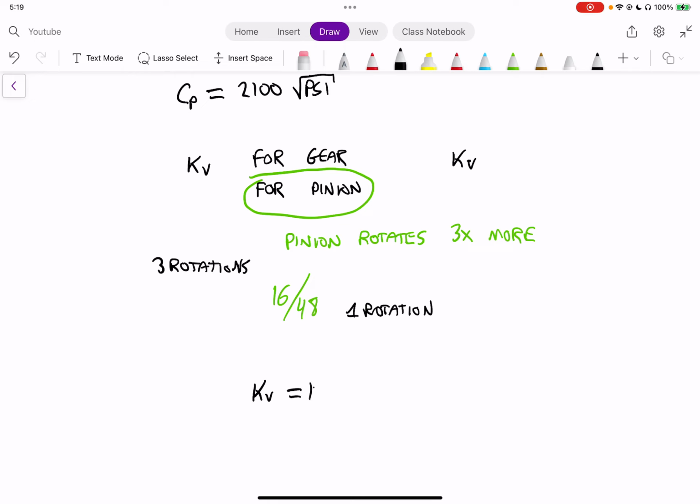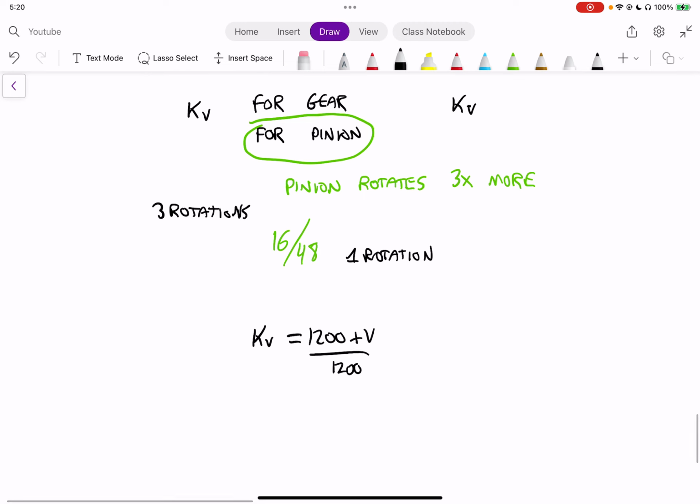So we're going to use Kv is equal to (1200 plus V) over 1200. Now, if you have the exact same material, you don't have to worry about that question. You would just use the Kv for both materials. Remember that V is the pitch line velocity, and the pitch line velocity is exactly the same for pinion and gear, because they're in contact with each other, so the velocity of the actual gear teeth is the same. So we have (1200 plus V) over 1200.